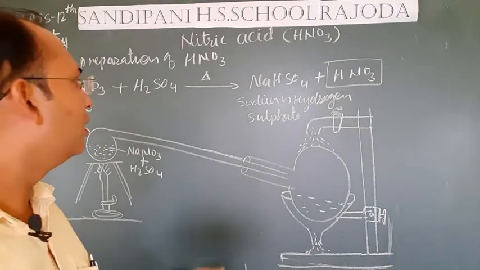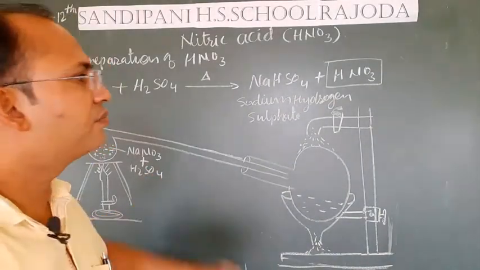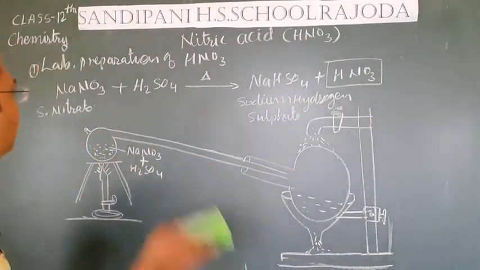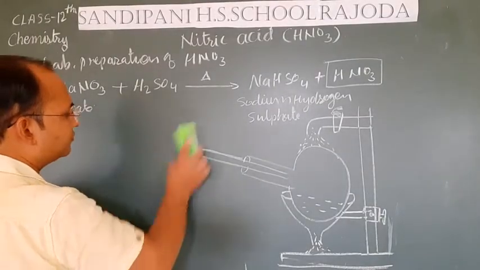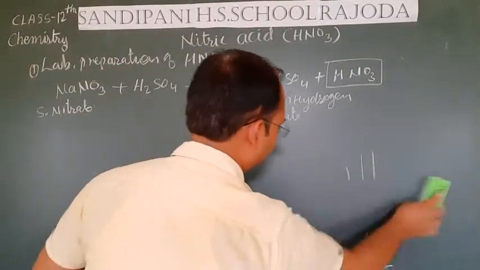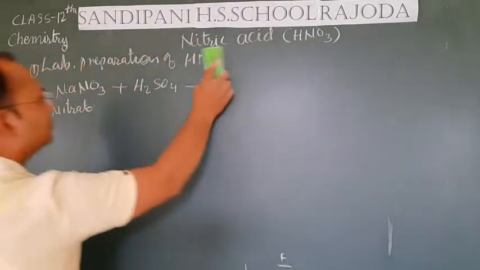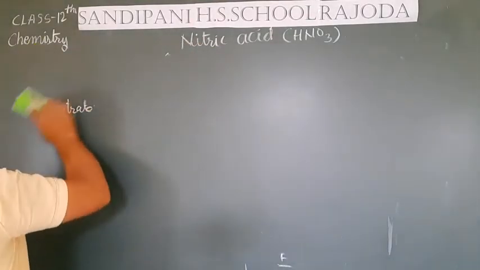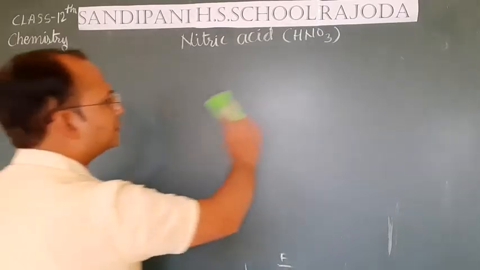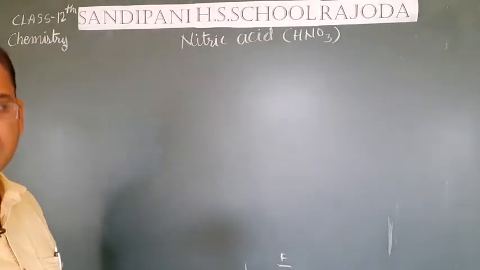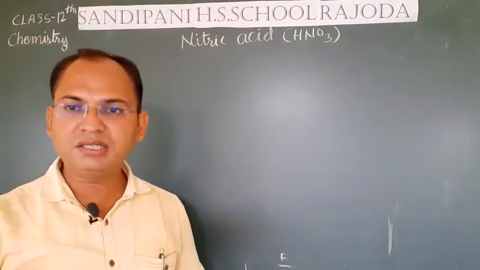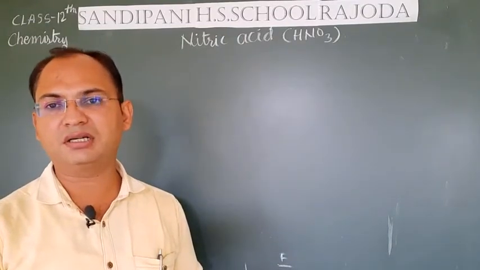Now, secondly, see how this nitric acid is manufactured at industrial scale. Students, in order to manufacture nitric acid at the industrial scale, three different types of methods are applied.